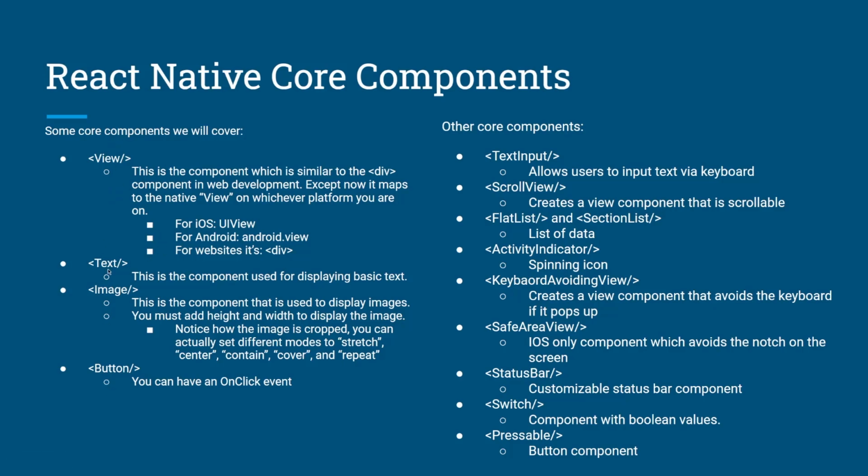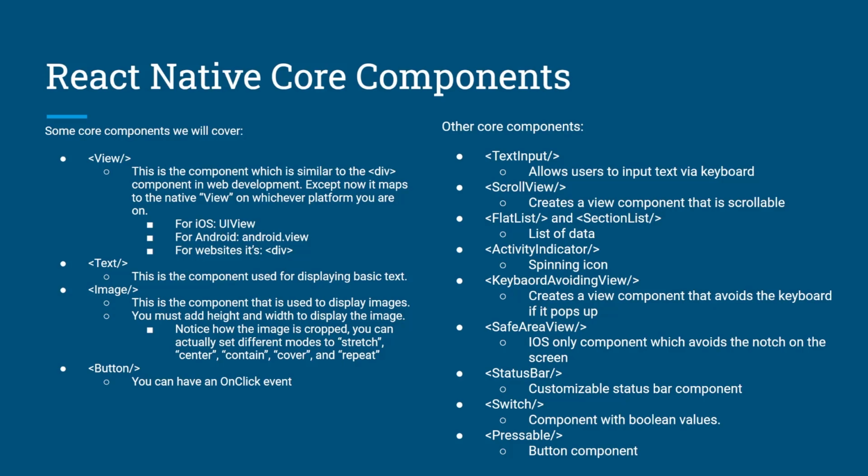These are React Native's core components. What happens with these core components is, in React Native, it's kind of special. It takes these components and finds the native version for whatever device you're using. So if you're creating an app and using this view component, it maps to iOS's UI view, and it'll display on iPhones with UI view.